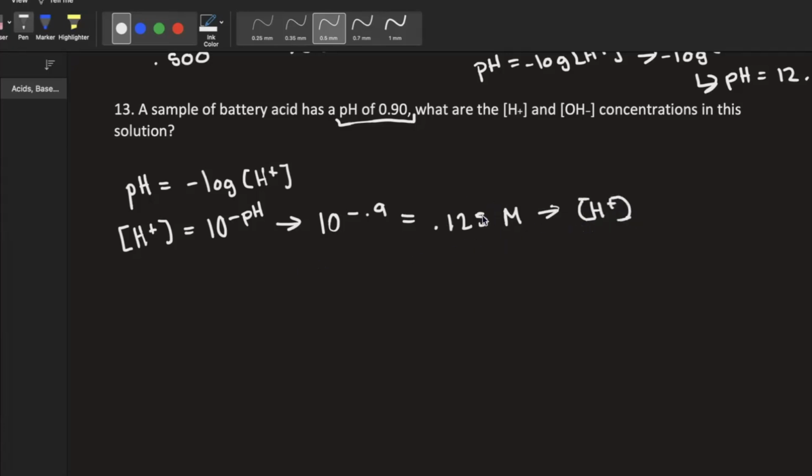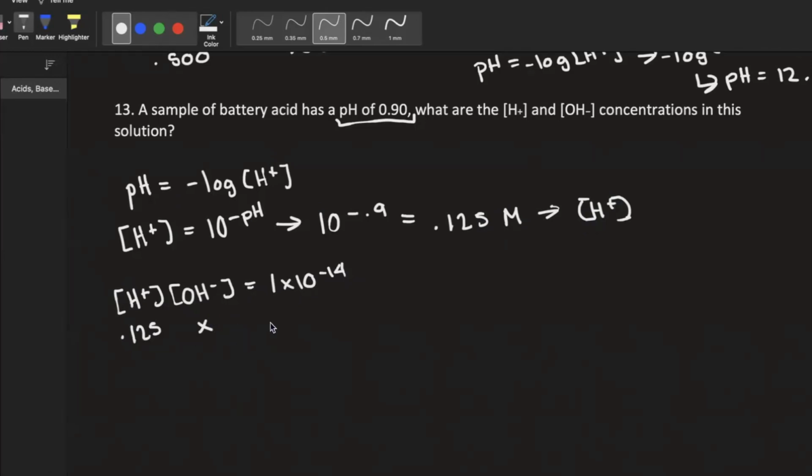Since we know this molarity, we can determine the molarity of the hydroxide ions. So, hydrogen ion concentration times hydroxide ion concentration is equal to 1 times 10 to the negative 14th. We know that our hydrogen ion concentration is 0.125, and we don't know our hydroxide ion concentration.